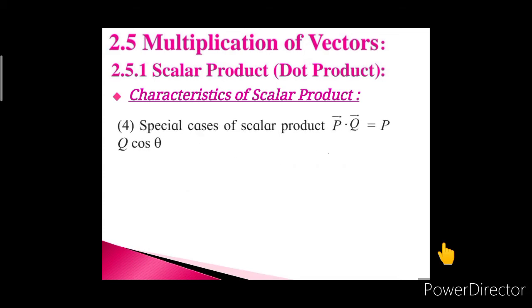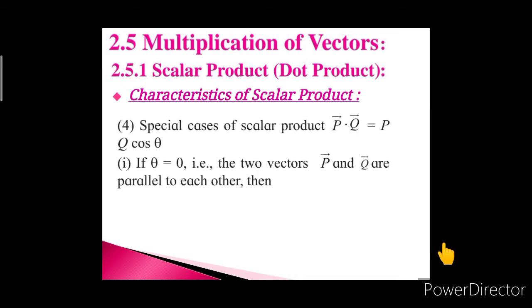Now the fourth characteristic of the scalar product is given in terms of its special cases. The special cases of the scalar product, that is vector p dot vector q, which is given as pq cos theta.